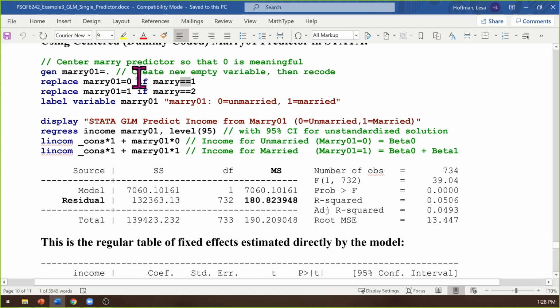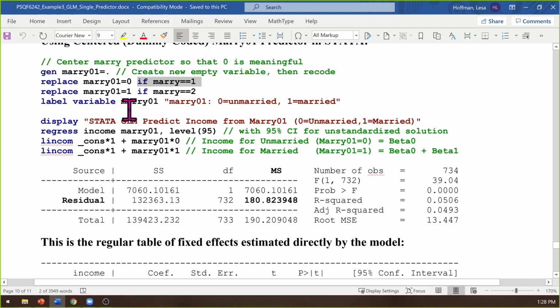If it's true, then the replace of the 0 value in the new column happens. So evaluating an equality is 2 equals, setting something to a new value is 1 equal sign. Mplus uses the same coding scheme, by the way, in terms of 1 equals versus 2. I've seen that a few other places as well. So that's the only tricky part, is that the if comes at the end in Stata rather than at the beginning.